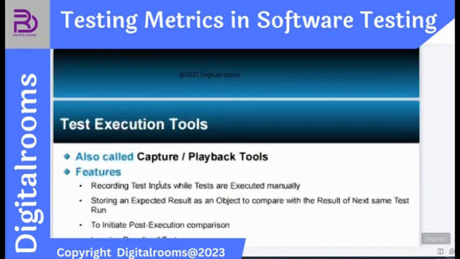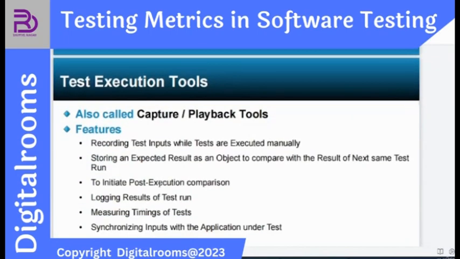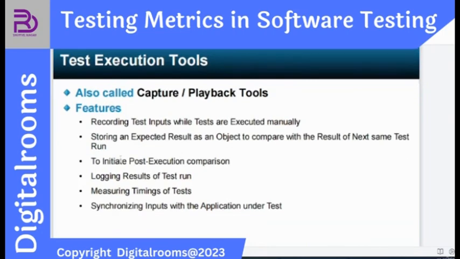Test execution and logging tools, also called the capture tool, or what we call the scribe, the recorder. You will use this particular tool for recording test inputs while tests are executed manually, storing an expected result on the object to compare the result of the next same test case. It can initiate post-execution comparison, meaning before the test was executed what was the status, and post execution.